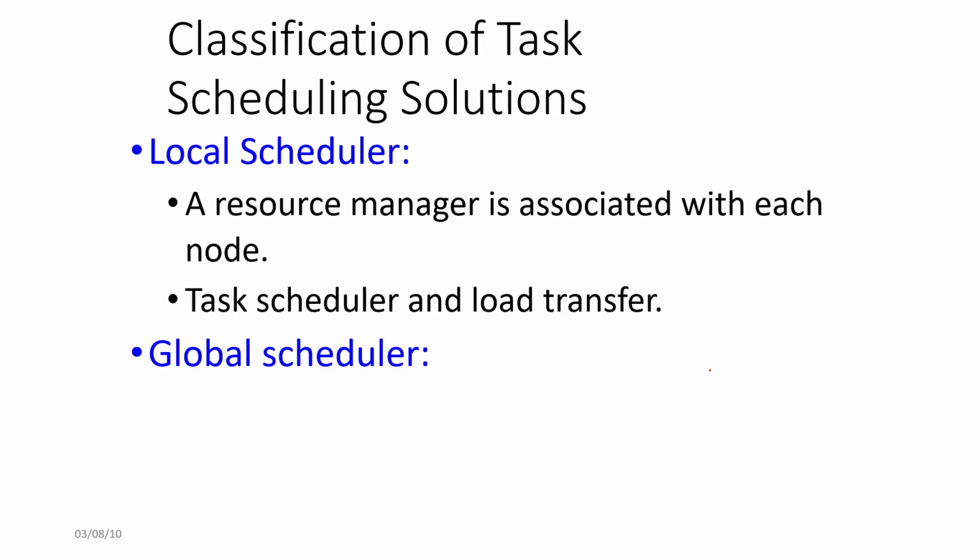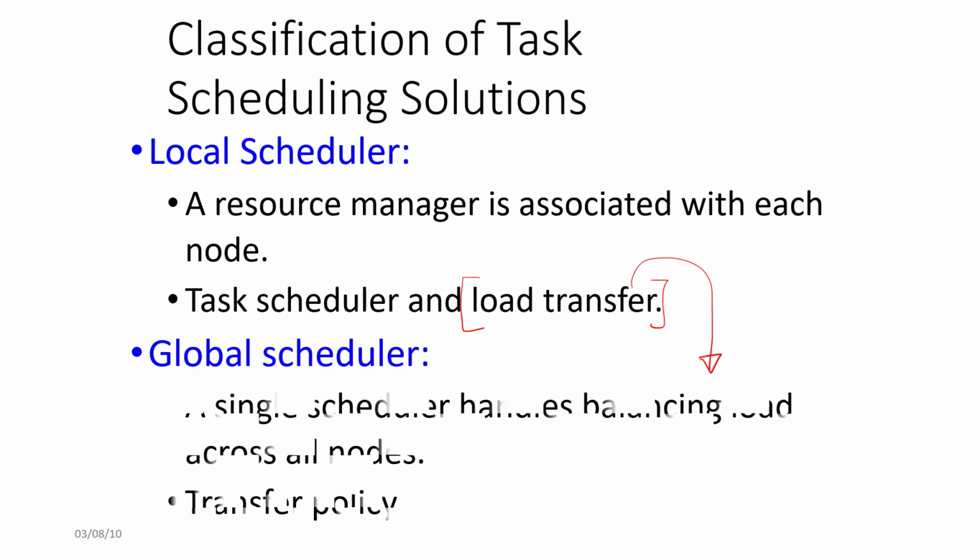Along with scheduling, its job is also to do some amount of load transfer, in the sense that it realizes that maybe there are some tasks which are taking up a lot of time or which may take a lot of time, and it may not have that much compute bandwidth with it. So it doesn't want other tasks to miss their deadlines, and it can transfer the load to other cores.